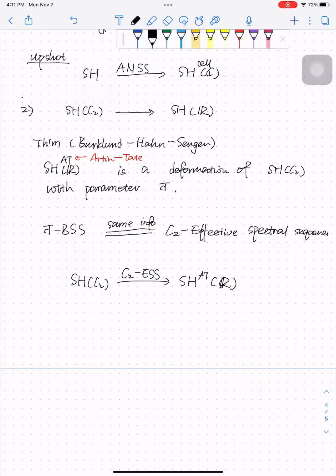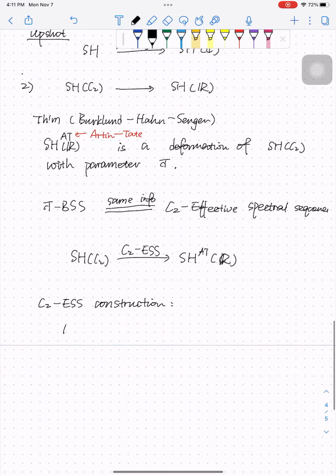But the thing is that the construction of the C2-effective spectral sequence relies on the existence of the R-motivic category. The construction is that you realize something called the R-motivic slice spectral sequence, or more precisely, the R-motivic slice filtration.